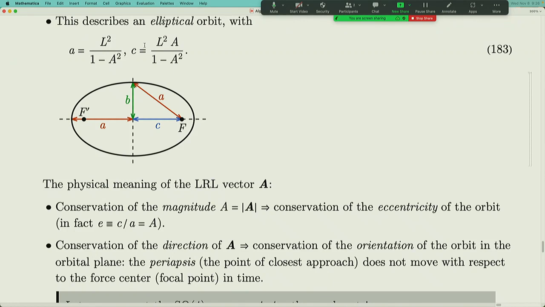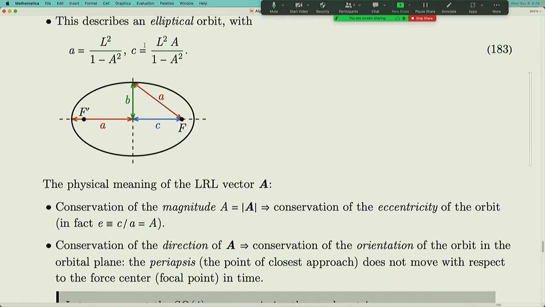The planet is moving in a plane, but in principle, if the potential is not 1 over r, but 1 over r to, for example, the 1.2 power, then it doesn't have this conserved quantity. In that case, the orbit will change its orientation constantly.